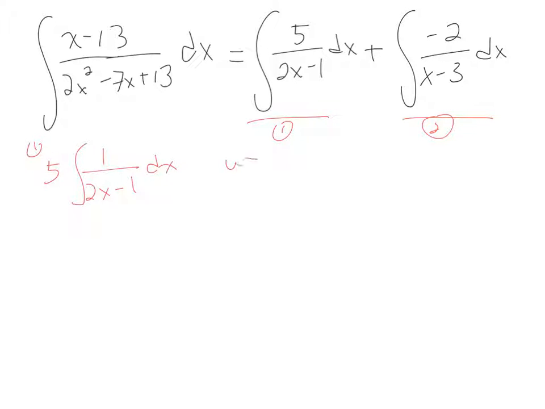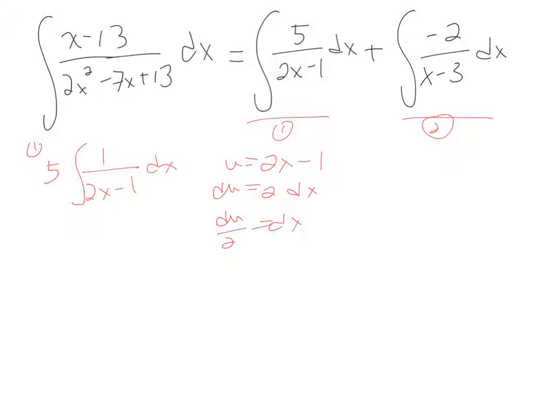And if we let u equal 2x minus 1, we have du equal to 2 dx. So I want to solve for dx, and that's going to be du over 2.